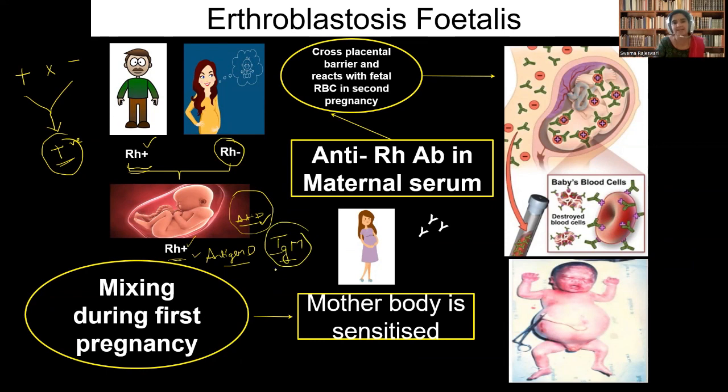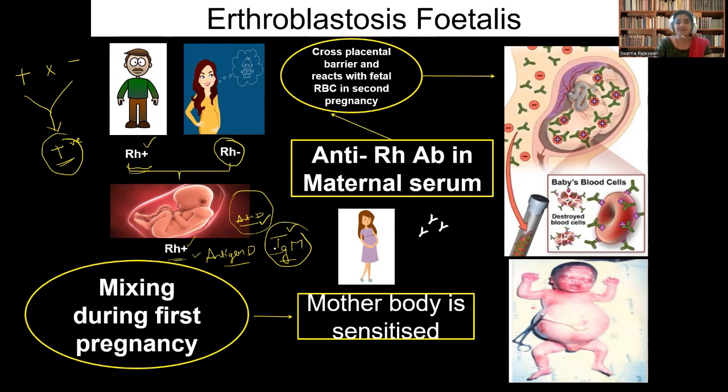During the first pregnancy, these will not cross the placental barrier. Why? Because IgM is the largest immunoglobulin, that is antibody, and can't cross the placenta. So it will not enter into the fetus and destroy it. So the first baby is safe, and even the mother is also safe.